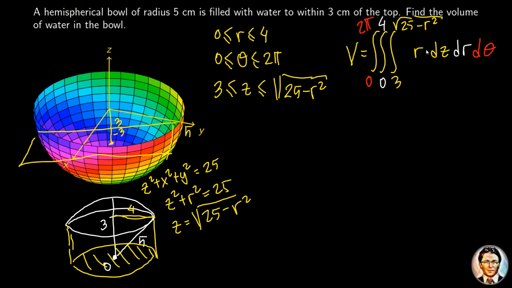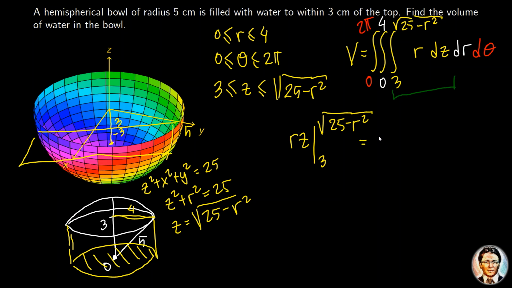So let's start with the innermost expression. The innermost is with respect to z, and r is constant. So this is rz, with z from 3 to square root of 25 minus r squared.